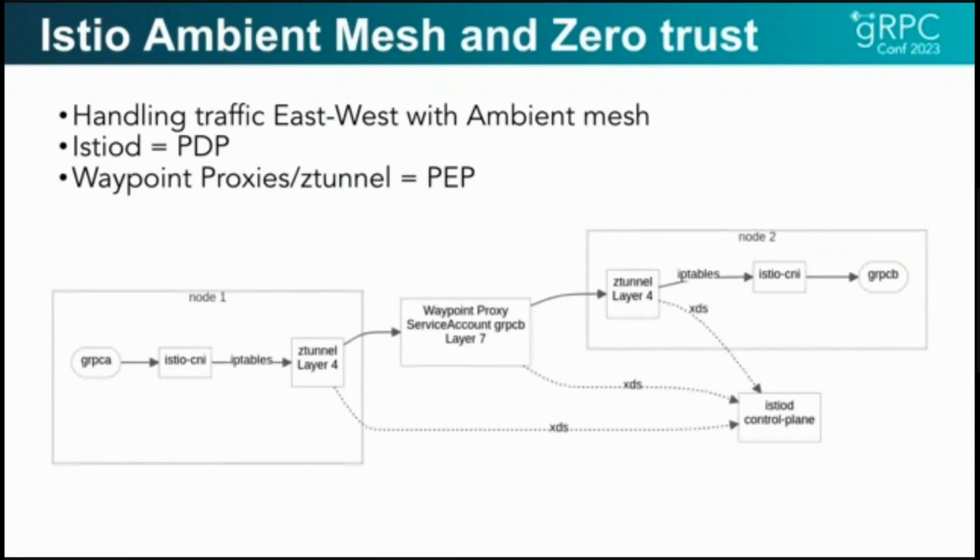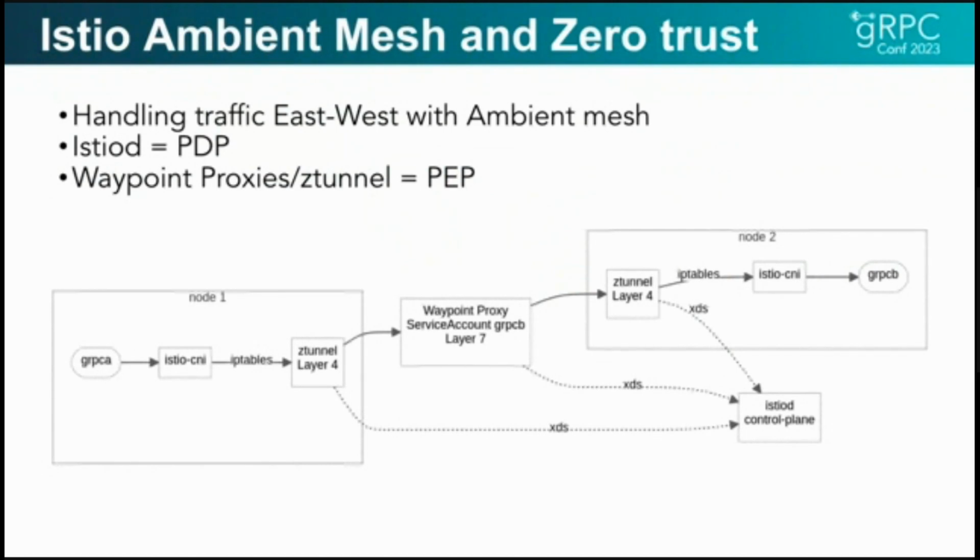The other thing that's going on is the sidecar-less ambient mode, where you can handle all the east-west traffic without Envoy in the middle. If you see this diagram here, you have the Istio CNI that brings up these iptables rules, and all the traffic inside the node is passed through the ztunnel.